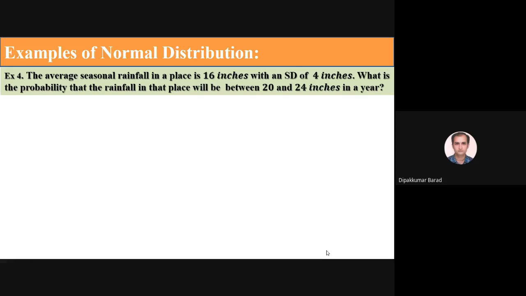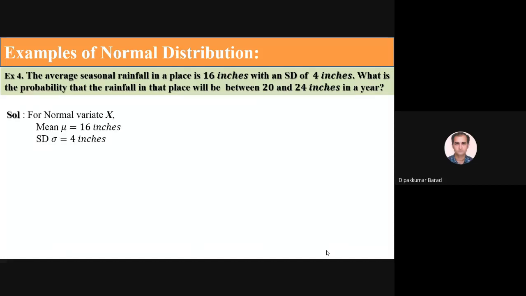So the average rainfall given is 16 inch, which means mu is 16, the standard deviation is 4, and we have to find the probability that rainfall will be between 20 and 24 inch. So probability of x greater than 20 and less than or equal to 24.